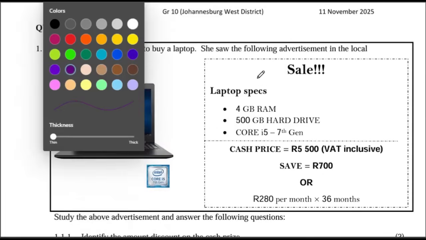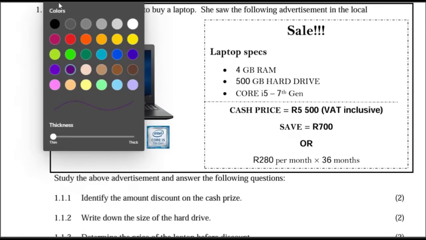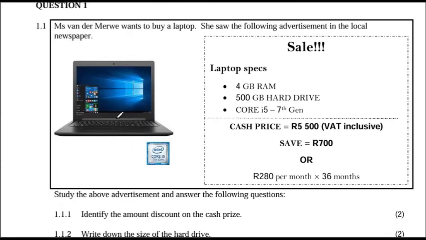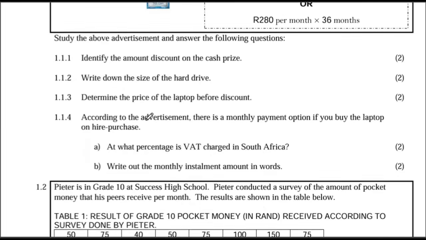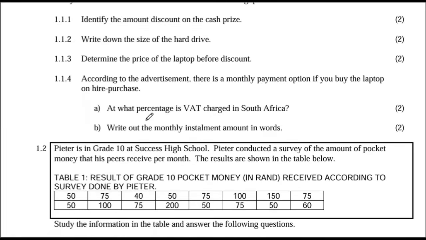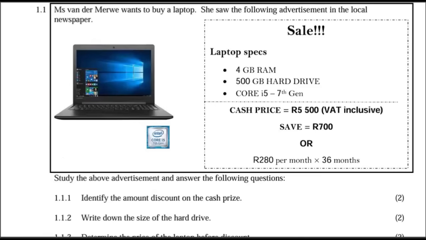Okay, that's the advertisement. Let's look at the question paper. So the question says, identify the amount of discount on this cash price. So in other words, this is the cash money, but how much do you save as a discount? 700.